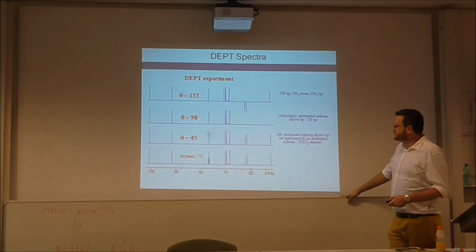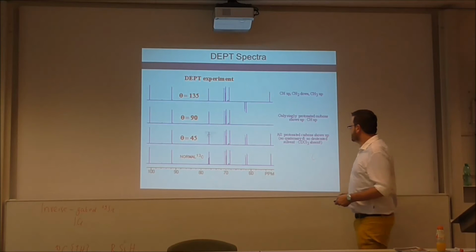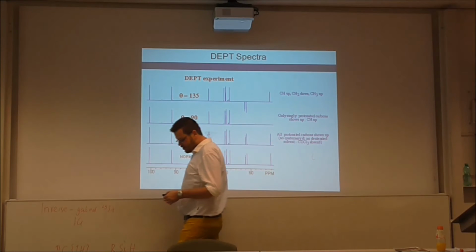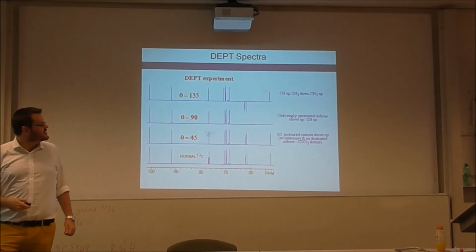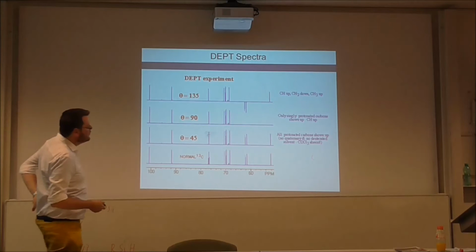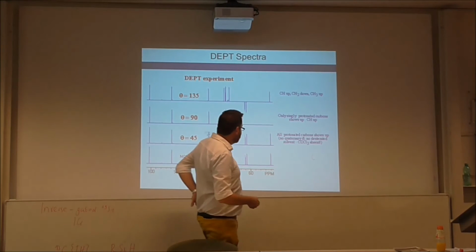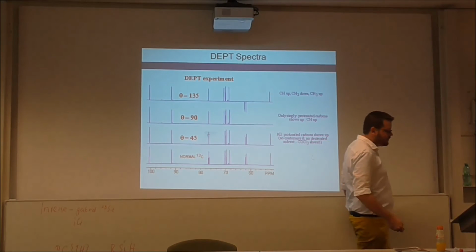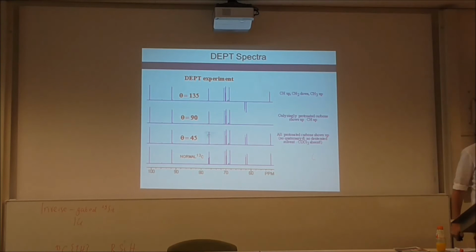So let's have a look at these different DEPT experiments. All right. You have different DEPT experiments at different theta angles, which is sort of the pulse. So a DEPT 45 spectrum will show what?